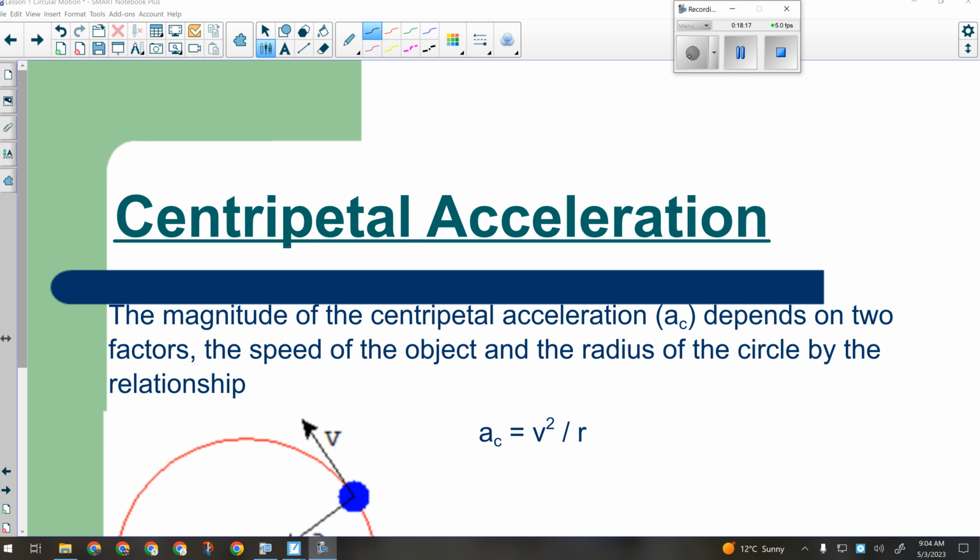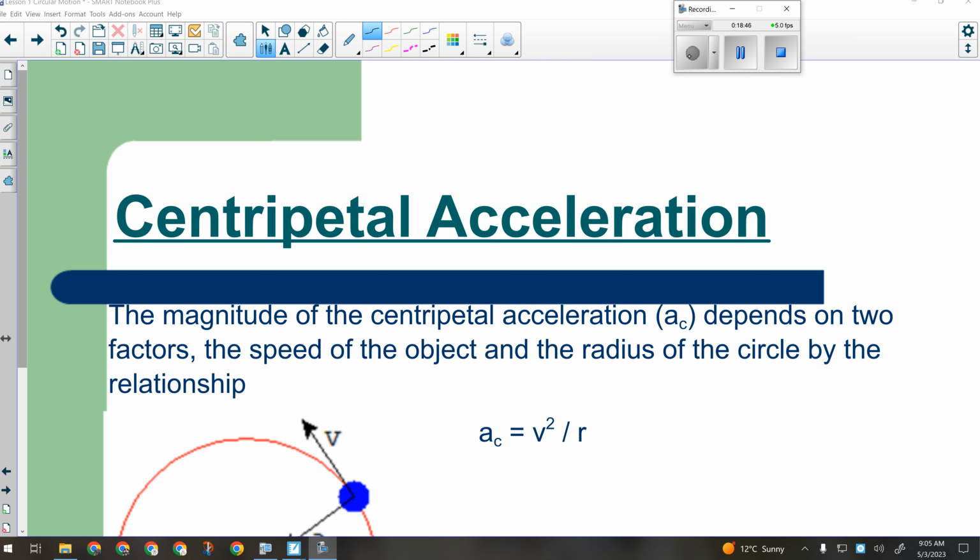Very rarely will a question ask you to put a vector on centripetal force, because by definition, centripetal means towards the center. Then you're going to get the odd question where it'll say give the magnitude and direction. Well, if it's centripetal, it's just towards the center. It's a no-brainer. Very rarely do we have anything other than that, except when we get into vertical, where you could have into the circle or out of the circle. And that would basically be gravity pulling out of the circle.